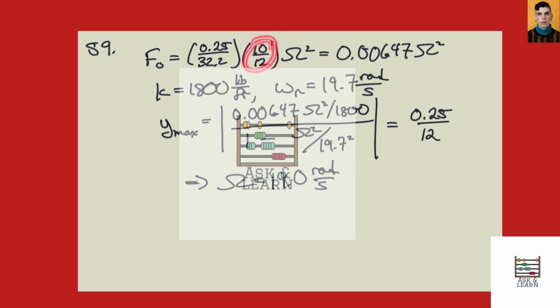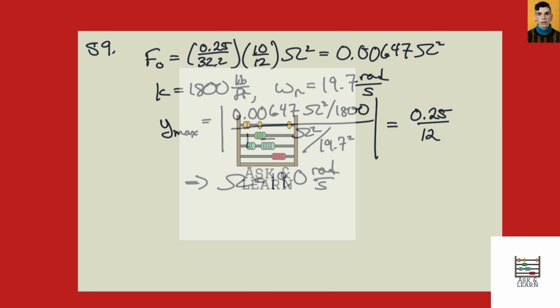Its eccentricity, or its offset from the center axis of rotation, is 10 inches, or 5/6 of a foot. And we don't know what the excitation frequency is, because we don't know how fast it would be spinning to cause an amplitude that is 1/4 of an inch.